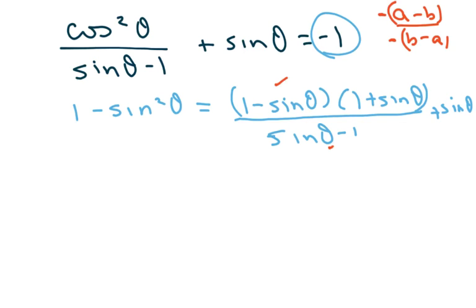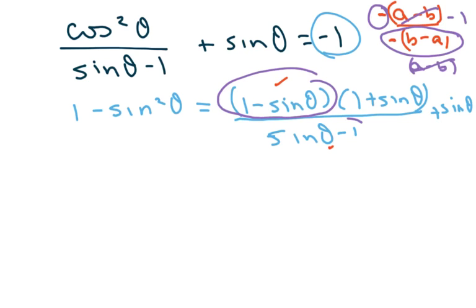Now if I negate the denominator, I'm going to get a minus b. And what will happen is this crosses out, but we still have this negative in front, so that's going to be negative 1. And that's what I'm going to do with these two right here. So I'm going to put a negative in front of both of these.